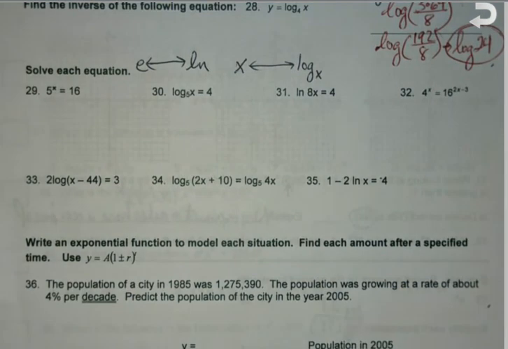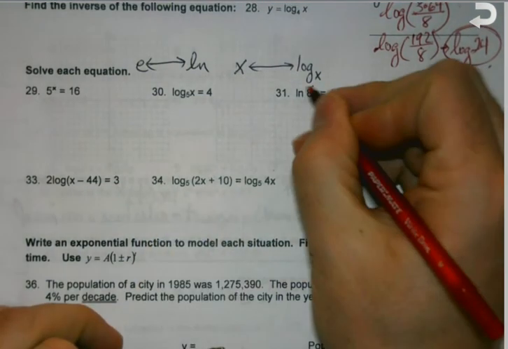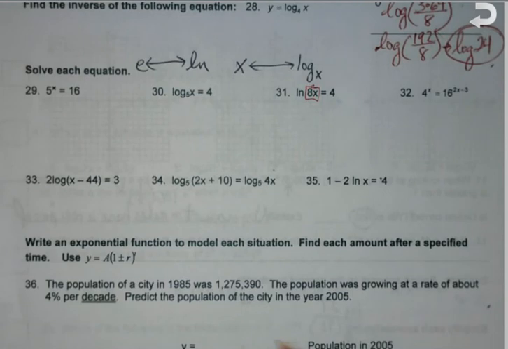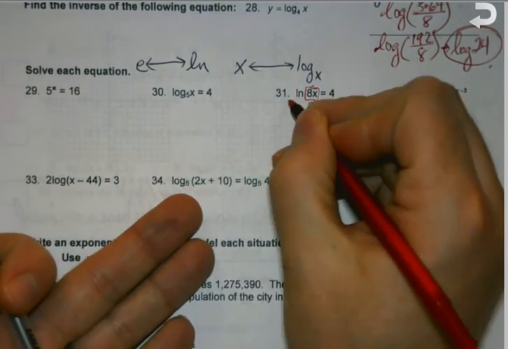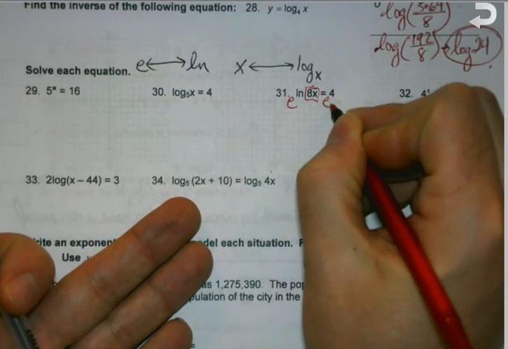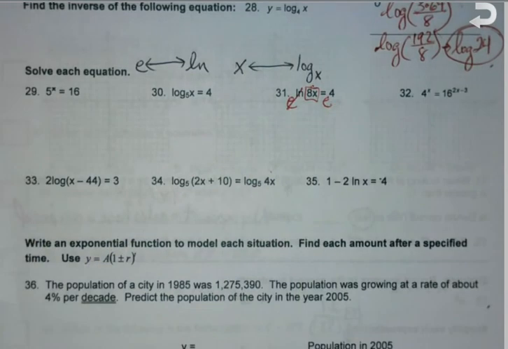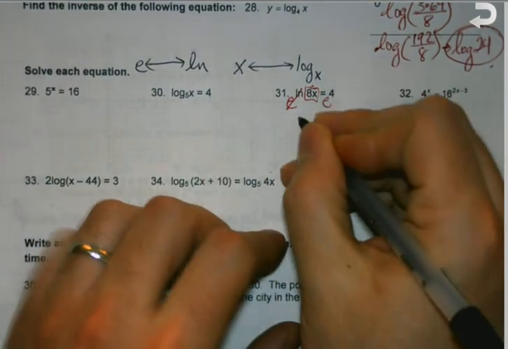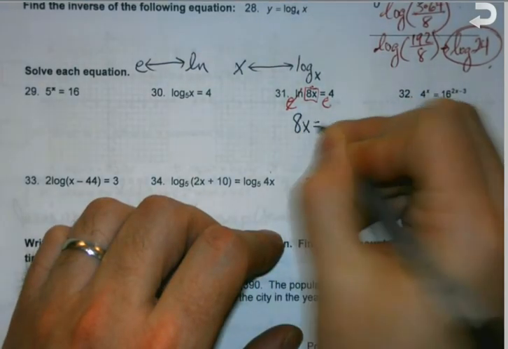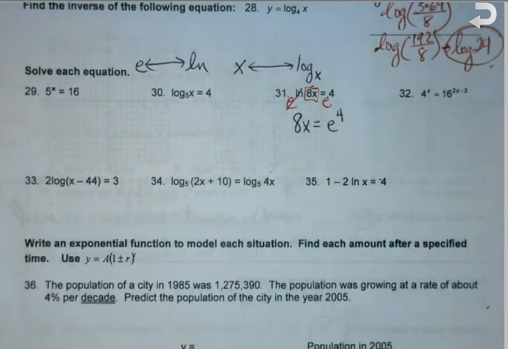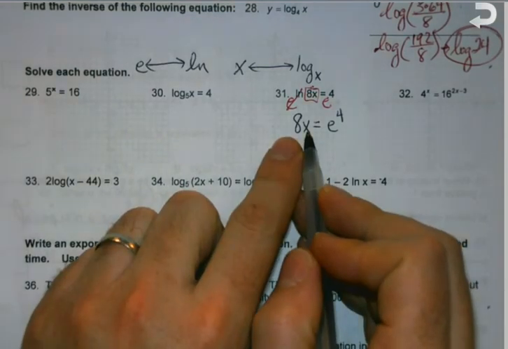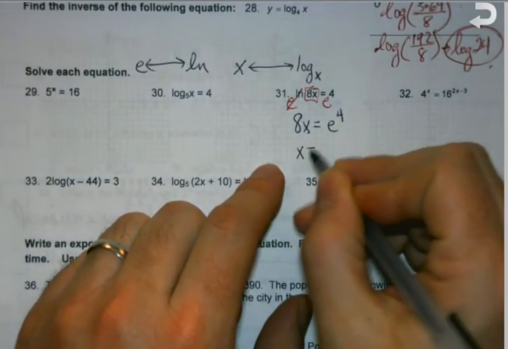So if I'm working on getting to this x term, natural log's in my way, so I'm going to use e to take care of the natural log portion. At this point, I'm not punching e to the 4th into the calculator yet because I'd have to round, and if I round now and round at the end, I'm going to be rounding too much. So my last step here would be to divide by 8 to get x alone.